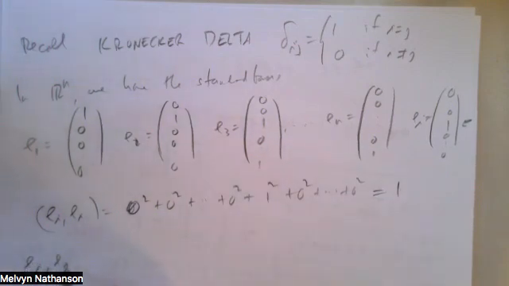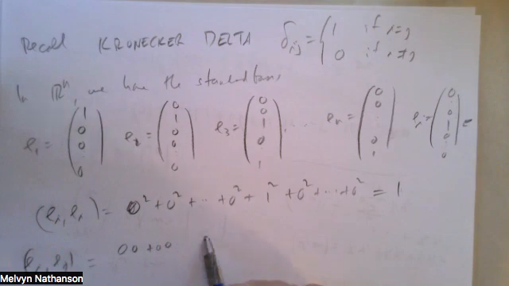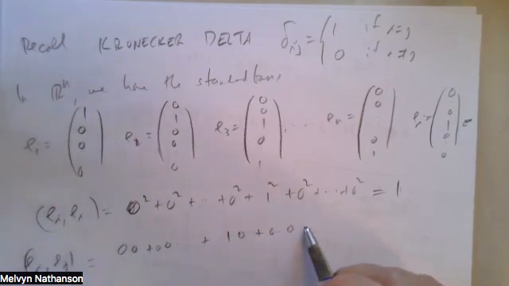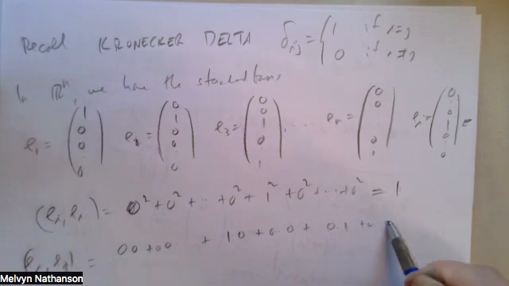And the inner product of Ei and Ej, for i different from j, you're going to have 0 times 0 plus 0 times 0. When you get to the ith place, you're going to get a 1, but the ith coordinate in Ej is 0. When you get to the jth coordinate, you get a 0 times 1, which is 0.